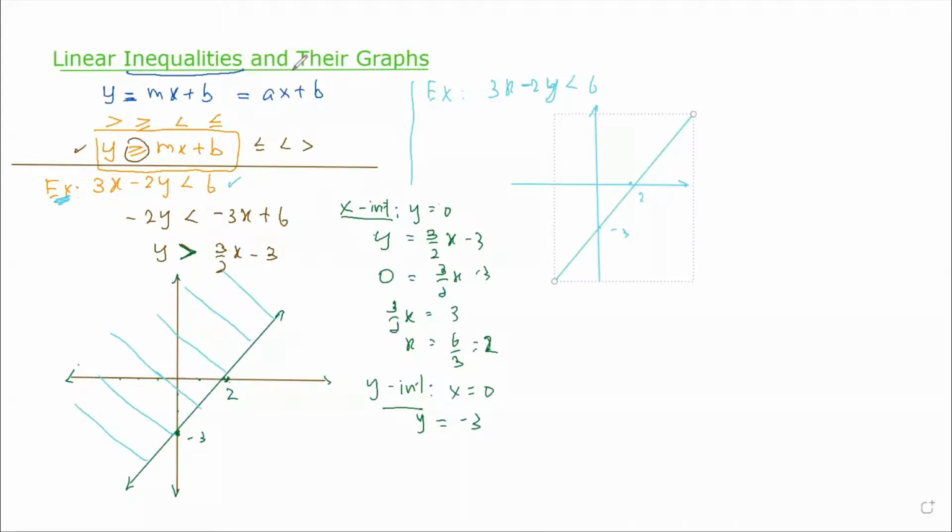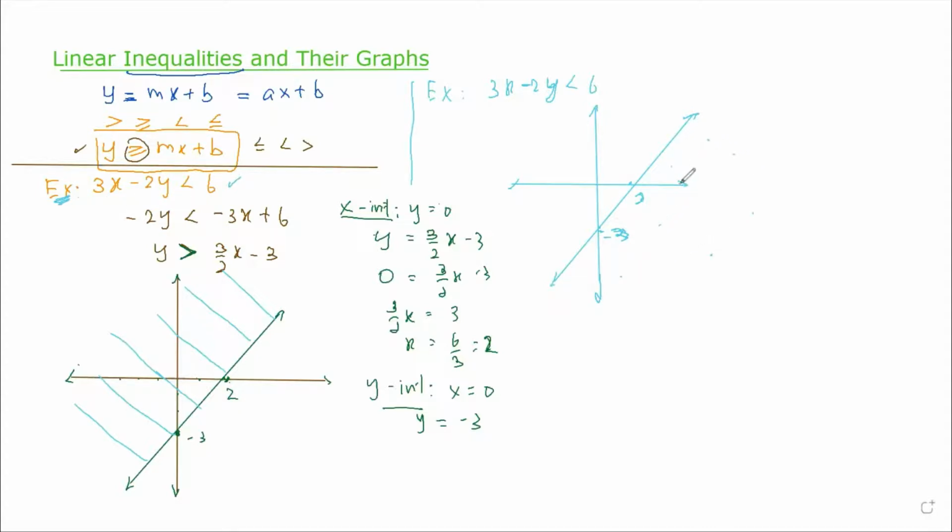Then you can pick any point. You see this graph has two sections, above or below. You can pick any value of x from the right-hand side, and any point below here, any point you want.